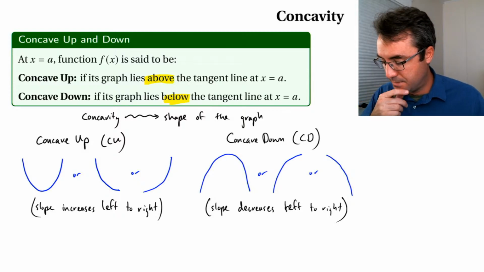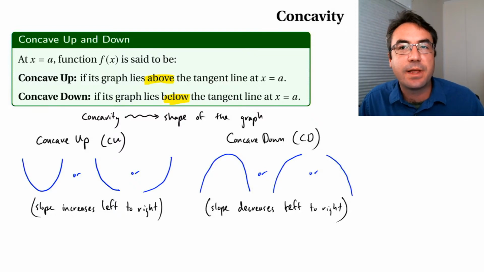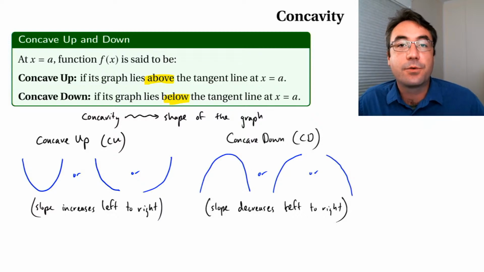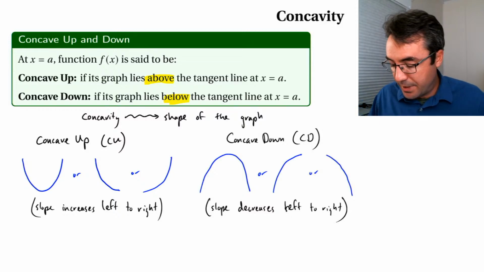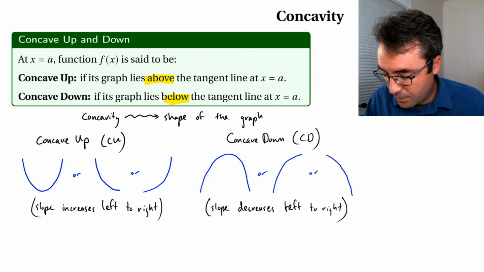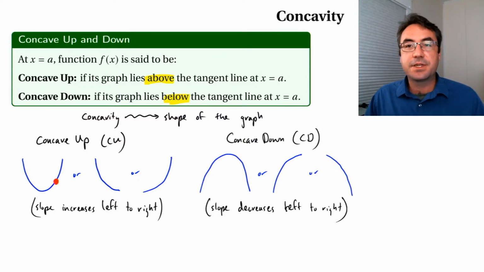And in an example, in a few of these, let's just draw in some tangent lines just to see how it relates to the idea of the graph lying above or below the tangent line. So if I were to pick any point along each of these curves, we'll pick one right here, this concave up.